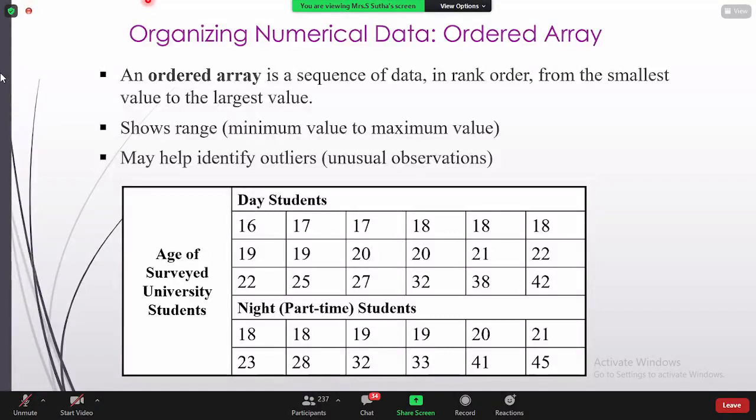Is it a qualitative or quantitative variable? Quantitative. Why is it quantitative? Because it is numerical. It takes numerical values, right? We are measuring with the number of years. So it is a quantitative variable, right? Okay.